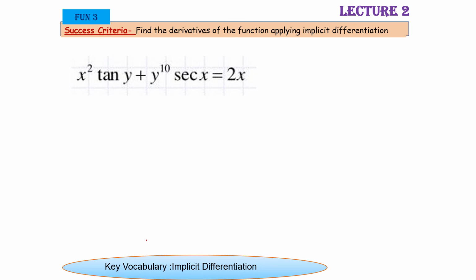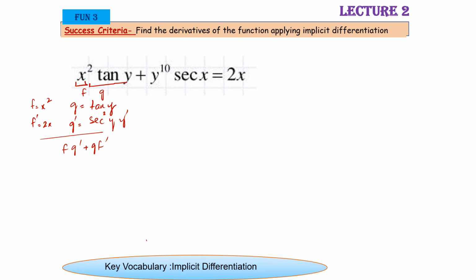So first of all, for the first term you will use the product rule. Your f is x squared, your g is tangent y. Your f prime will be 2x and your g prime will be secant squared y and y prime. So apply the rule f g prime plus g f prime for the first term.